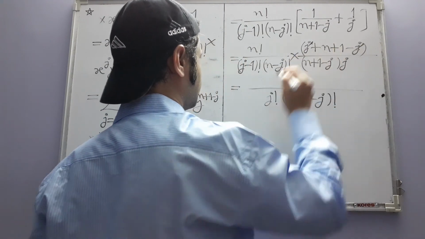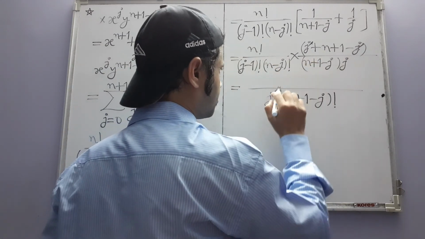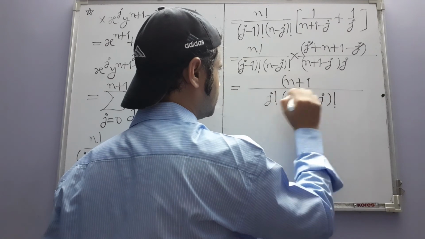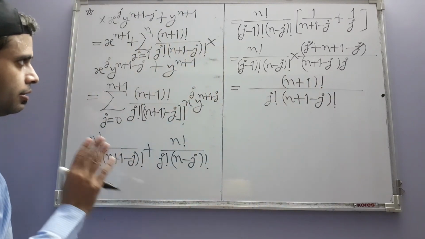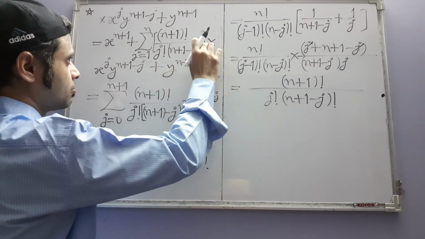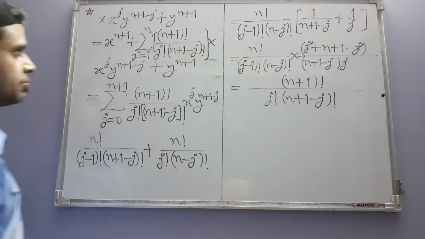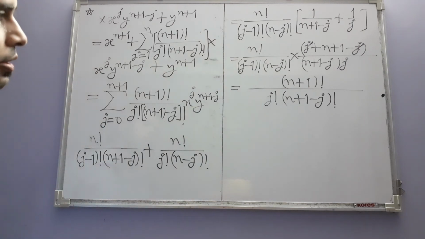Now here j and minus j cancel out, and we have n factorial times n plus 1, so that is n plus 1 factorial. So we indeed get this. And now the calculation is okay.